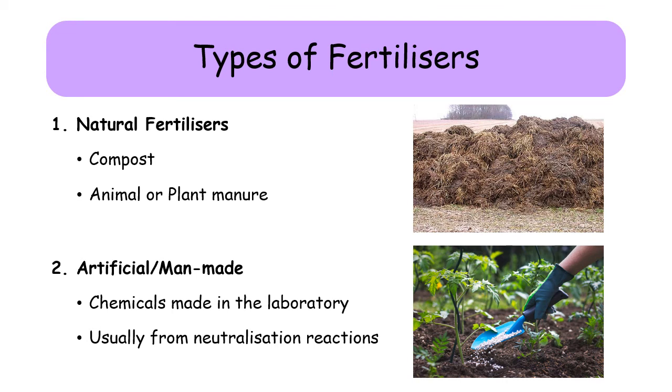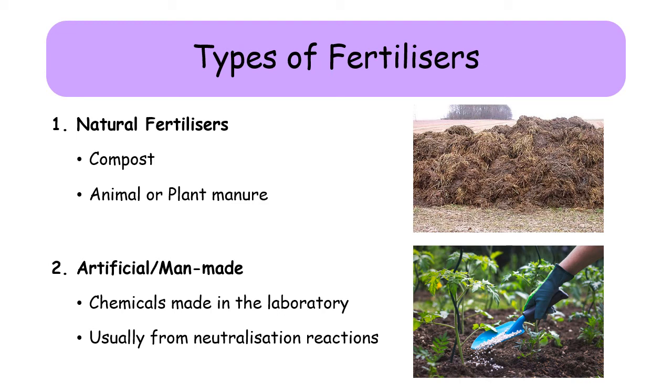There are two main types of fertilizers. We have natural fertilizers. These are ones that you do not need to use a laboratory to make. They can be made naturally. So a good natural fertilizer is compost. That's where you take your kitchen or your garden waste and you leave it to rot for a while.